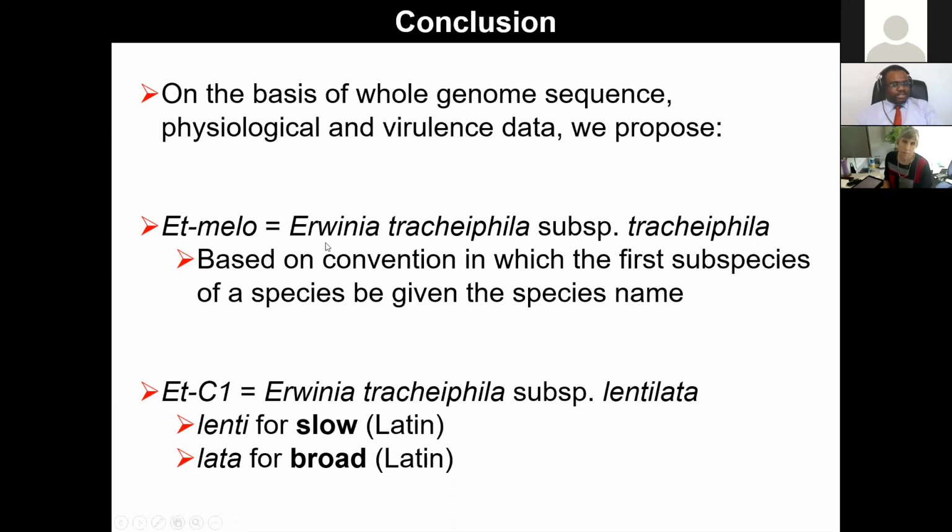The Et-melo strains be designated as Erwinia tracheiphila subspecies tracheiphila, based on convention in which the first subspecies is given the species name. And the Et-C1 strain be renamed as Erwinia tracheiphila subspecies lentillata. The name is from lenti and lata, Latin words which mean slow and broad, respectively.